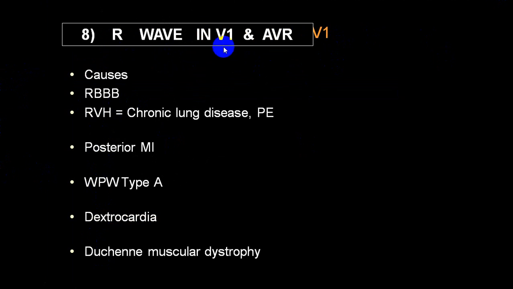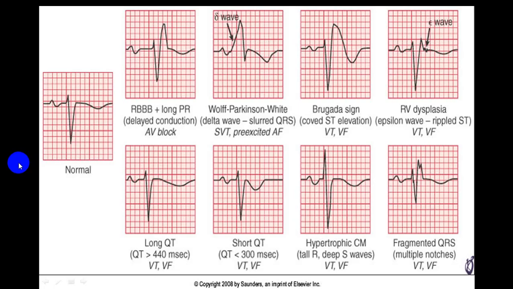But if you get it along with AVR, RBBB, RVH, dextrocardia, also keep in mind you can have tricyclic antidepressant poisoning. So these are all the different leads which show you R wave prominent. You can see here R wave is prominent, RBBB. This is in V1.